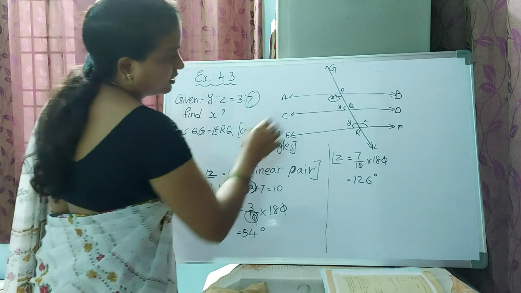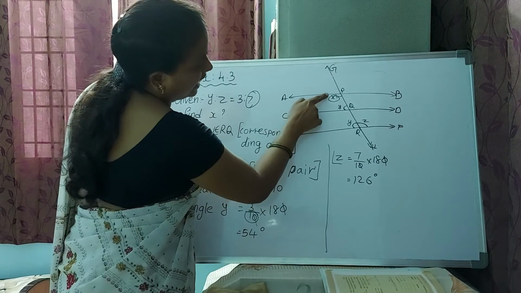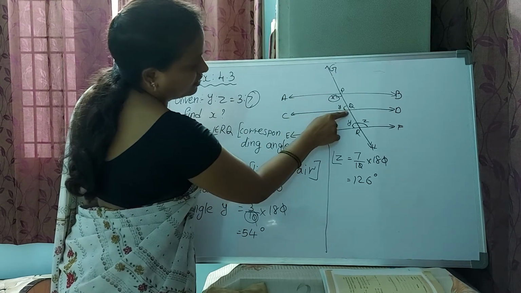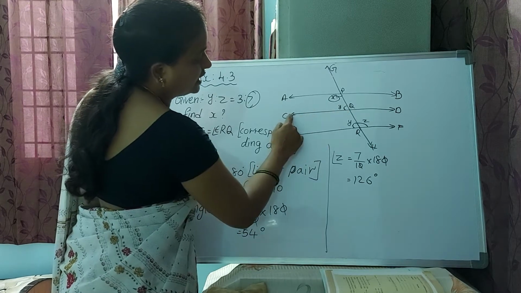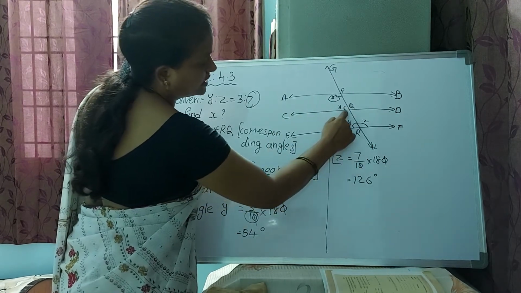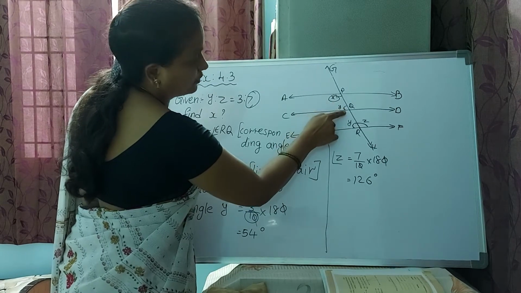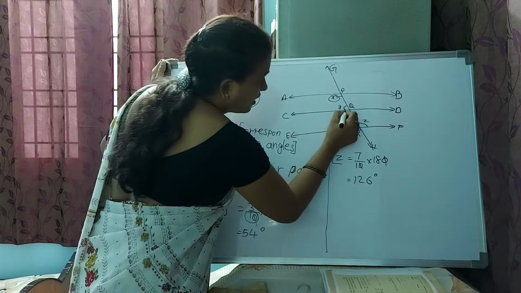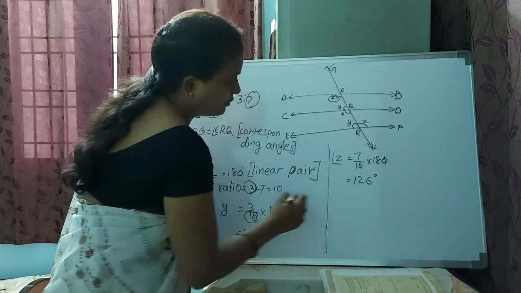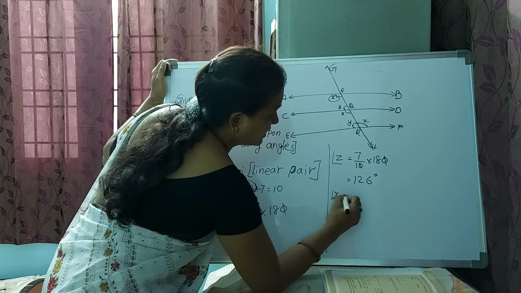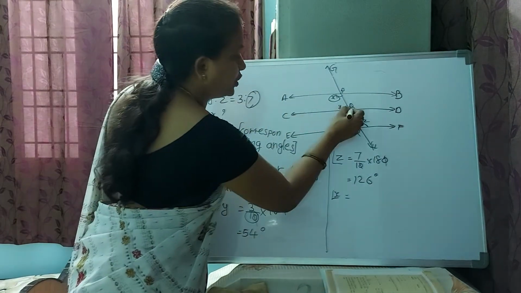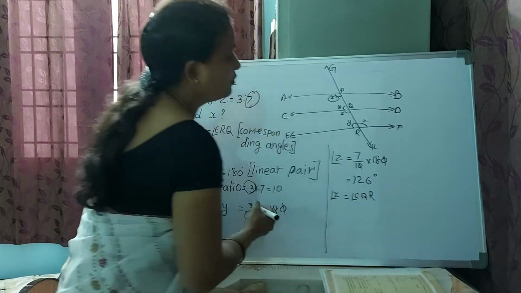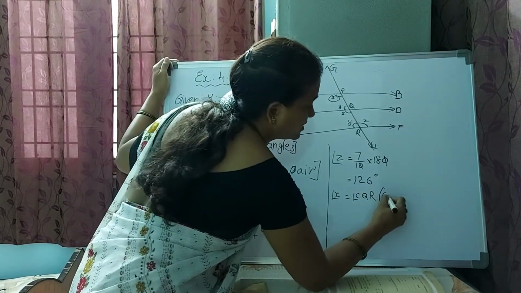If you observe carefully, angle x is equal to this angle, CQR, because these two are corresponding angles. Here also it comes x. Angle x is equal to angle CQR because of corresponding angles.